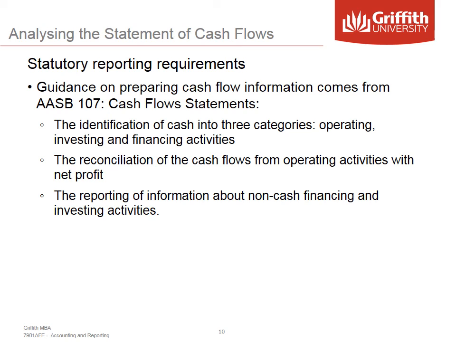You should always make a point of going and having a good look at that and understanding what it's telling you. And this AASB 107 will also define any other reporting requirements that they need to inform you about, particularly about non-cash financing and investing activities.